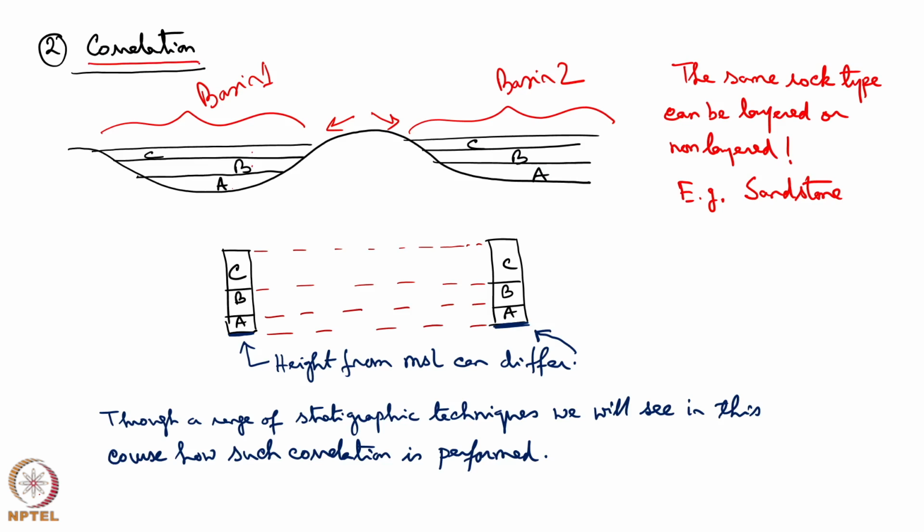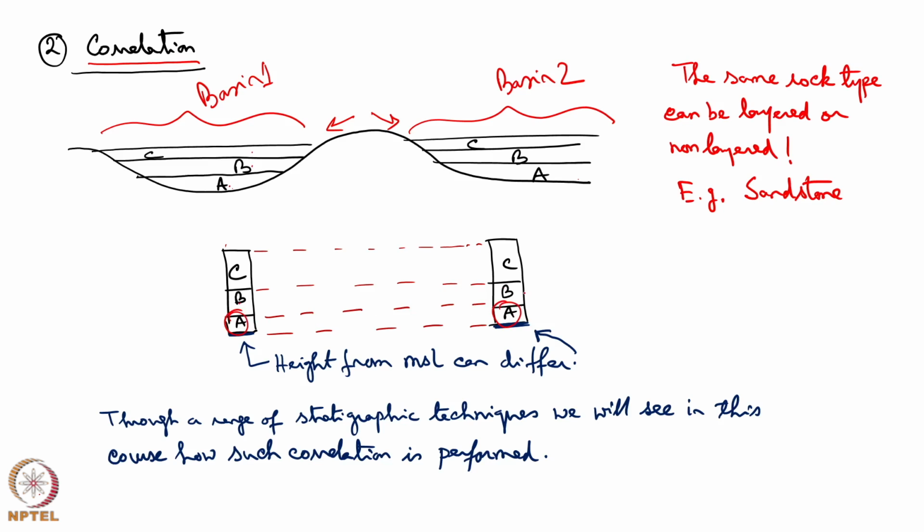Through the word correlation we mean, if the unit A here and that unit A here were deposited in the same age, then from the lithological logs kept side by side we can put a dash line and we imply this A unit correlates with this A unit.